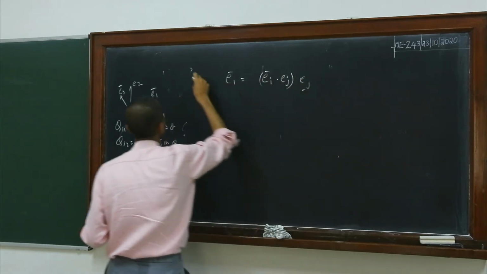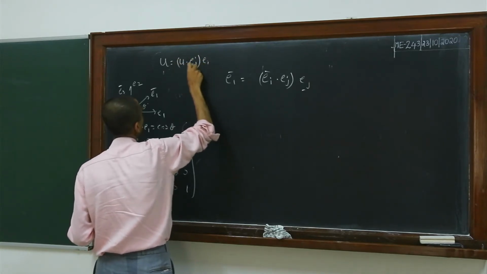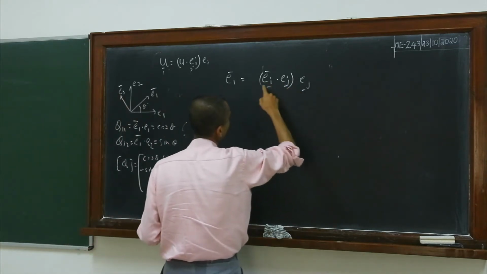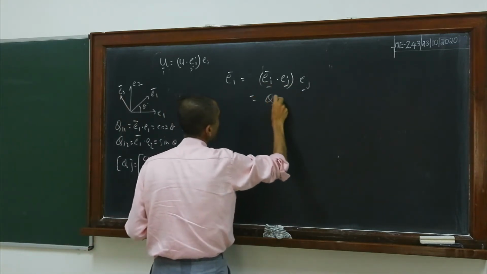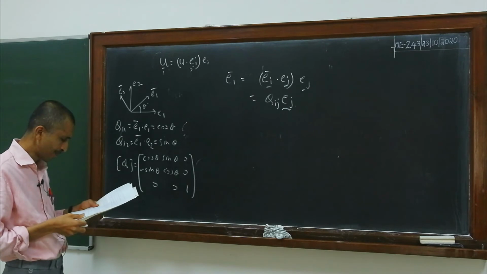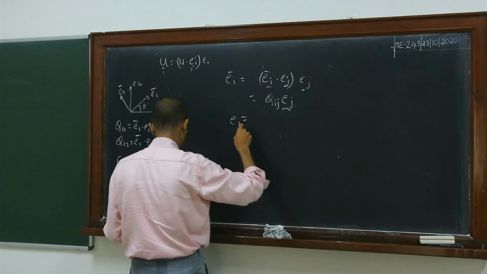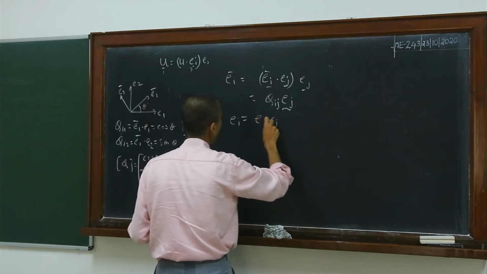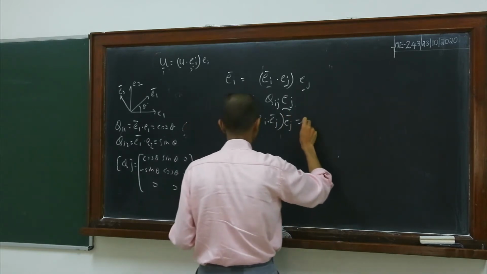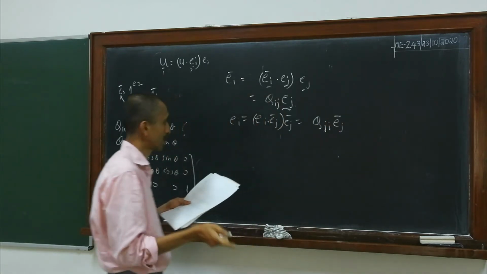So this is exactly analogous to u equal to u dot Ei times Ei, right? So from this relation I can write Ei bar as Ei bar dot Ej times Ej, and this Ei bar dot Ej is Qij. So this I can write as Qij times Ej. So this is the transformation law. And then similarly you can write the inverse relation. So that is Ei is equal to Ei dot Ej bar times Ej bar. So you can write it in this particular way as Qji times Ej bar. So that is the reverse transformation.